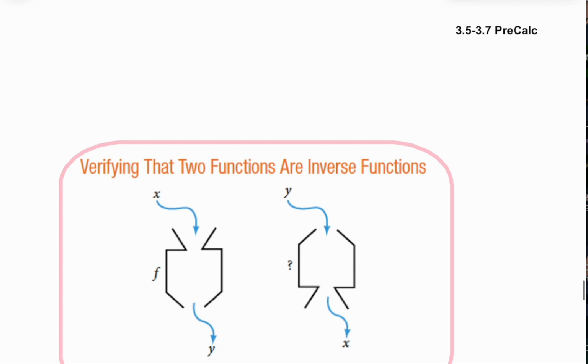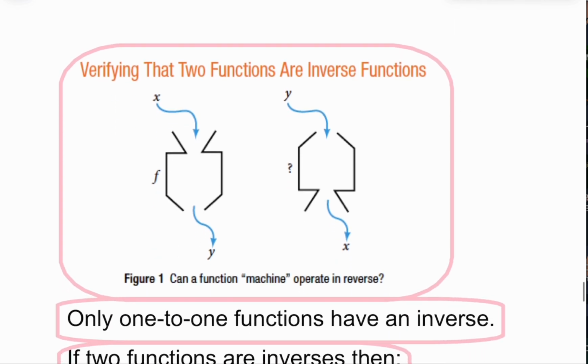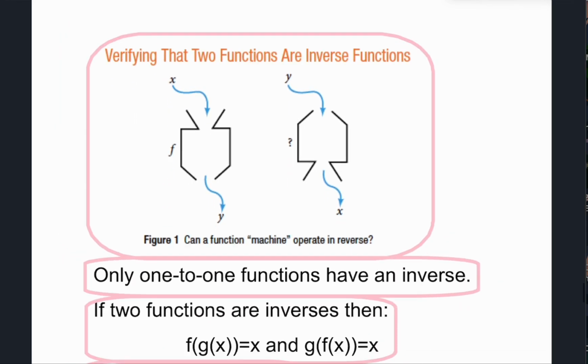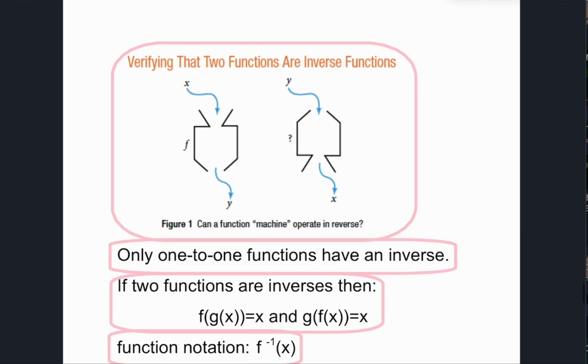So when we think about the way that a function works, a function takes an input, puts it in, it does something to that input, and it comes out. What an inverse does, it reverses the process.